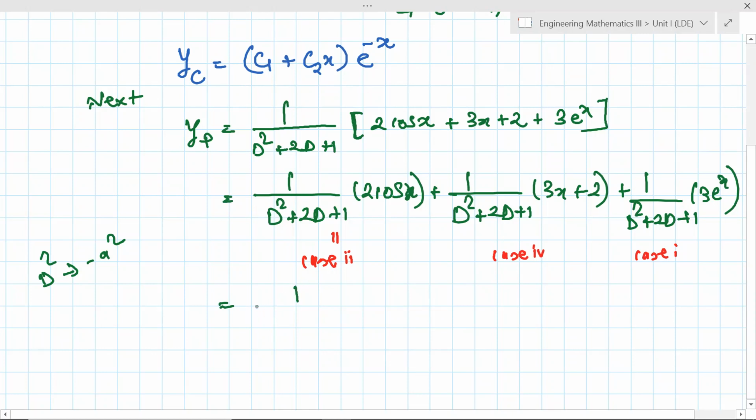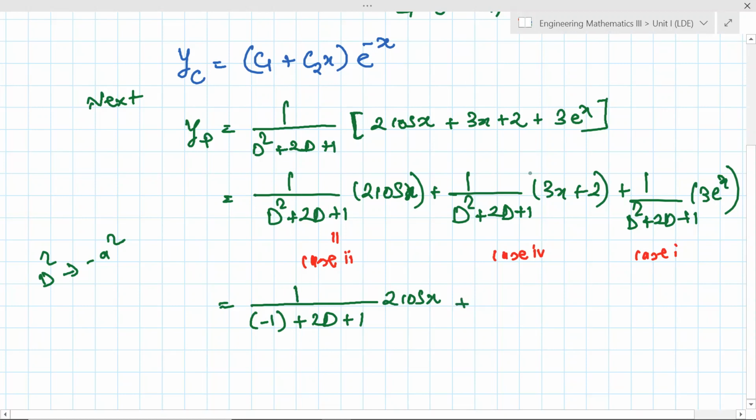D square means minus 1: a is 1, its square is 1, multiplied by minus, so this is minus 1, plus 2 into D plus 1. Are you getting this? 2 is constant.